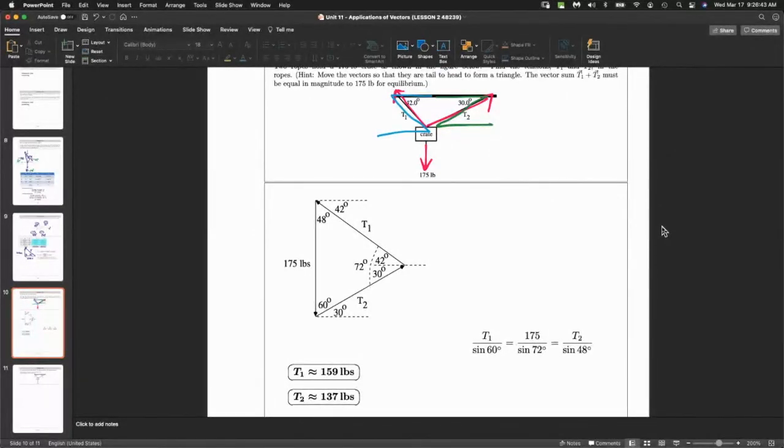But what I'm trying to say is that let's say that you exclusively want to use components. I said to you that you could solve all questions with components if you don't want to use sine or cosine law. So let me show you how you would answer this question using the method of components and what the trade-off is in terms of how much work you have to do.